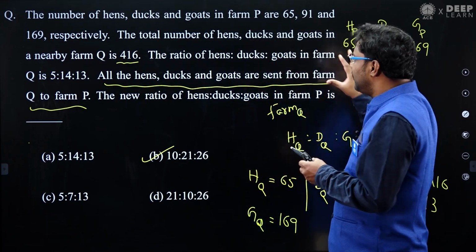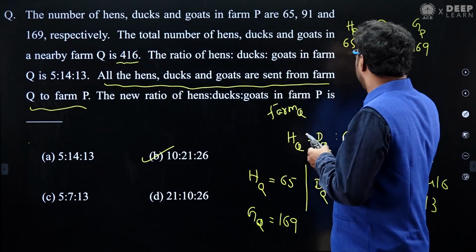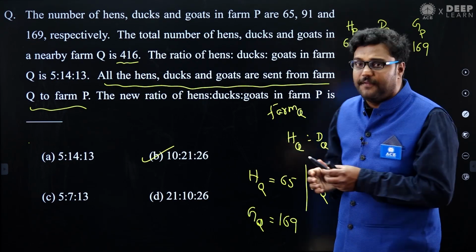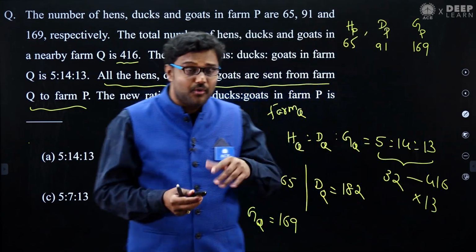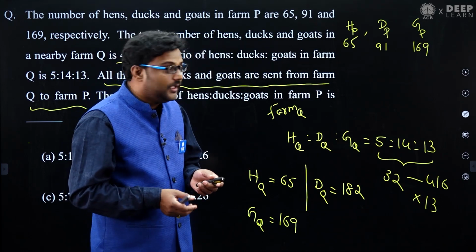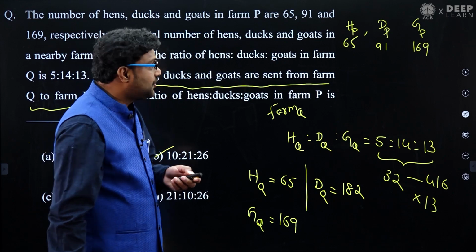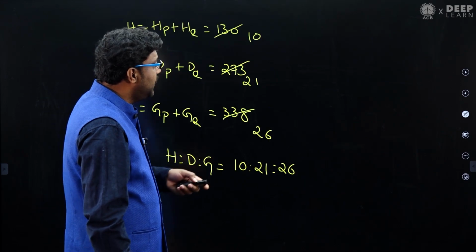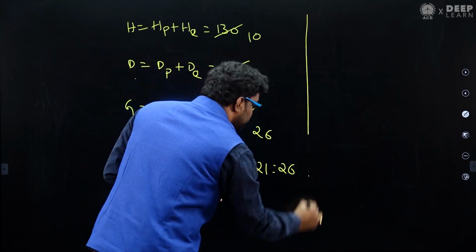Yes, they're given individually how many hens, how many ducks, how many goats in form P, and here for form Q, they're given the ratio. Fine, now together we have to find out, right? Now what I'll suggest you, see the shortcut, my dear friends. This is method 2.